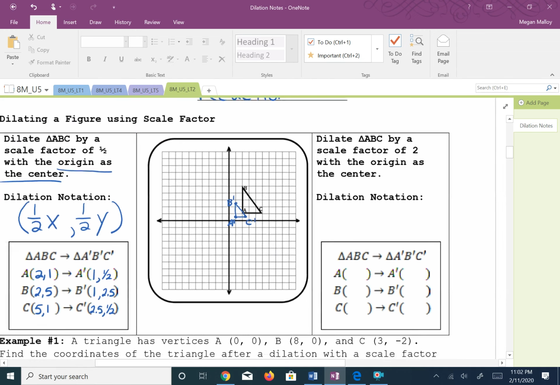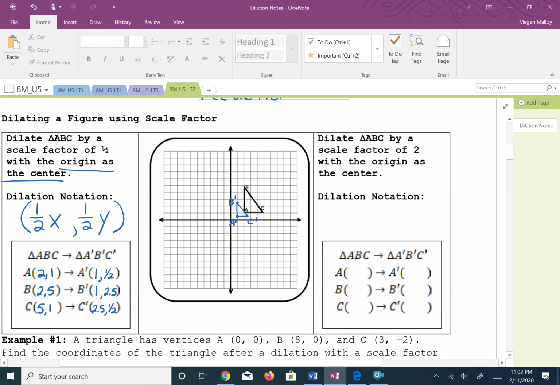Now, if we look at our second part of this question, it says to dilate triangle ABC by a scale factor of 2 with the origin as its center. So if the scale factor is 2, this is going to be an enlargement. So I'm going to take that scale factor and multiply it by my x-coordinate and my y-coordinate. And that is my dilation notation. 2 times x and 2 times y. Now I'm going to start with my pre-image points again, so 2, 1, 2, 5, and 5, 1.